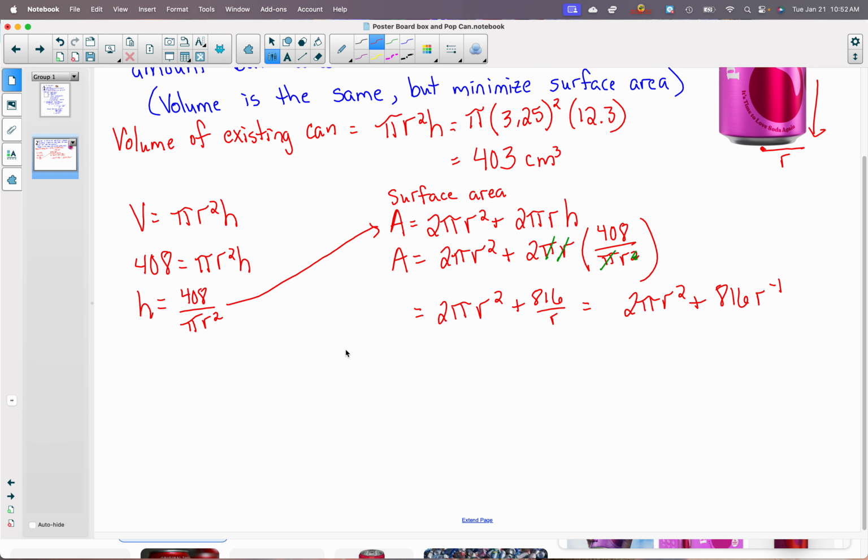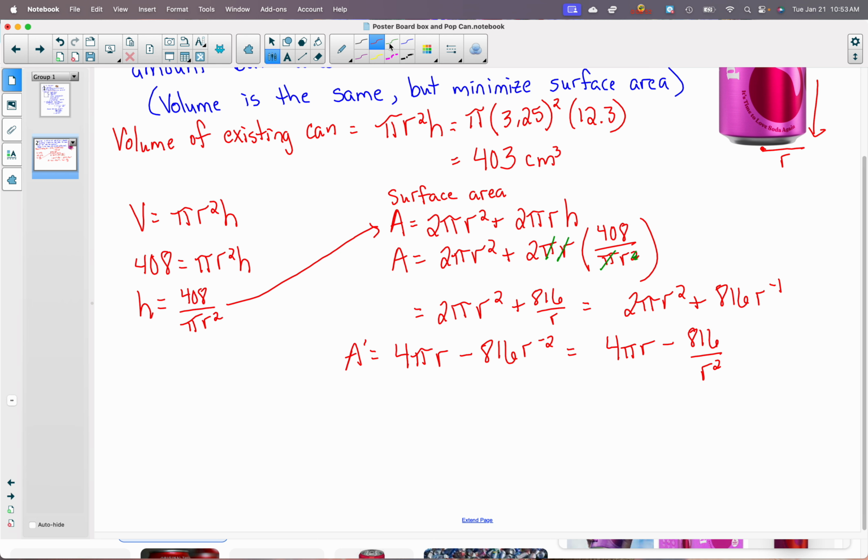So A prime, with the power rule here, I get 4 pi r, because we're taking the derivative with respect to r, and then over here I'm going to have minus 816 r to the minus 2. So now I've got 4 pi r minus 816 over r squared.